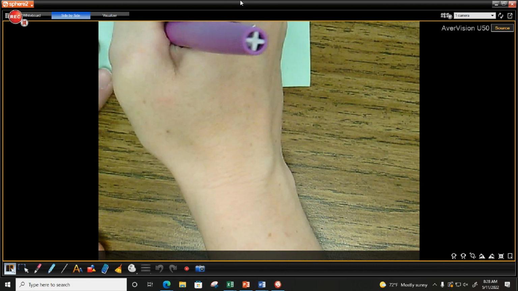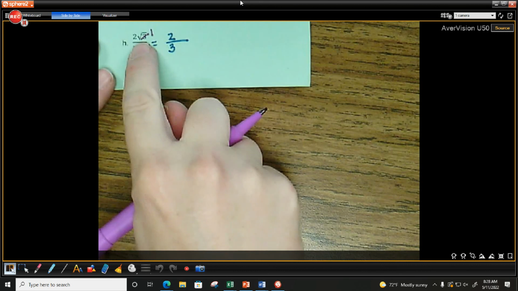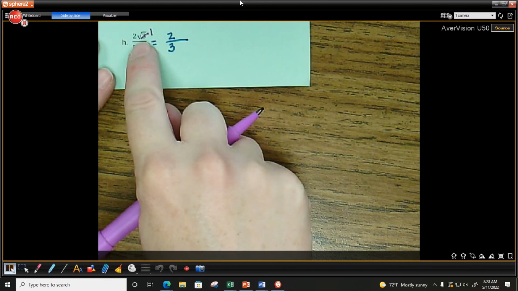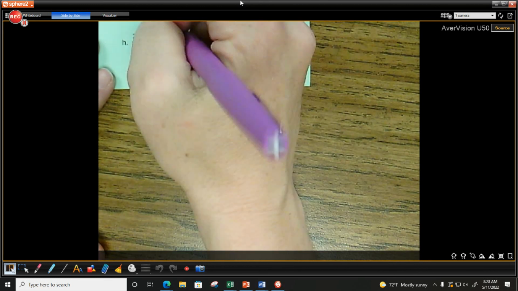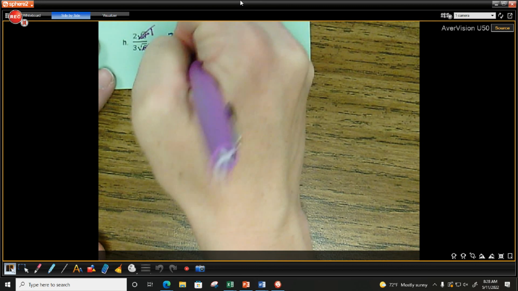What's the square root of 1? 1. Do you need to put a times 1? No, so that basically just goes away. Square root 2 in the bottom. Are you allowed to have a square root of 2 in the bottom? Times root 2 times root 2.